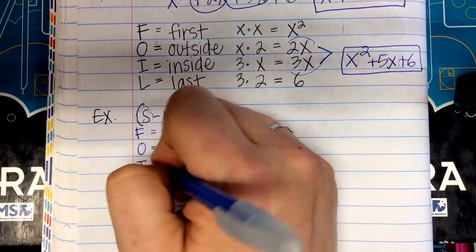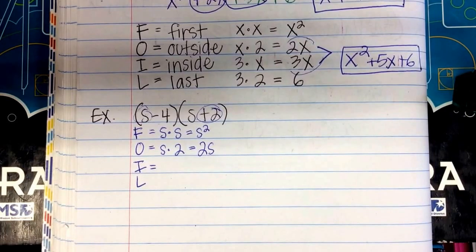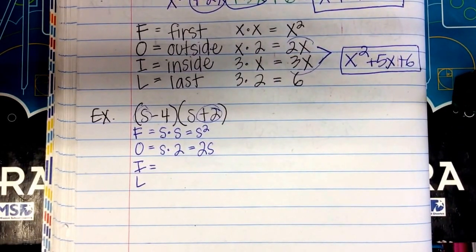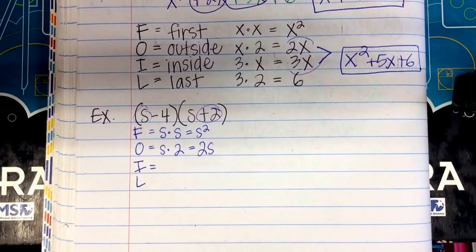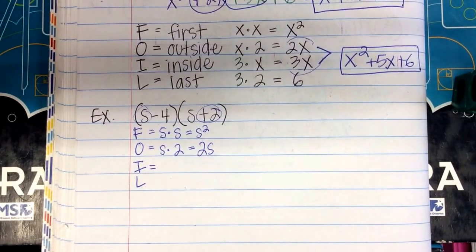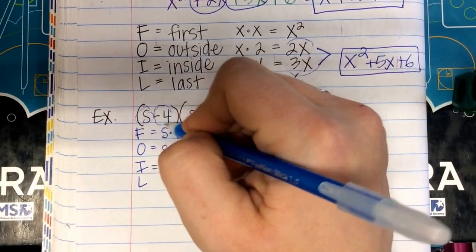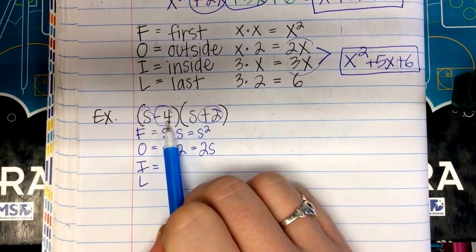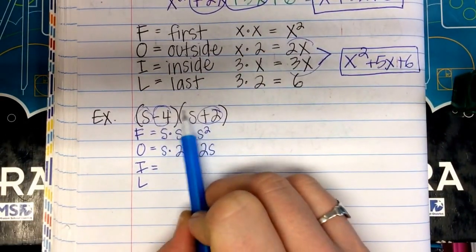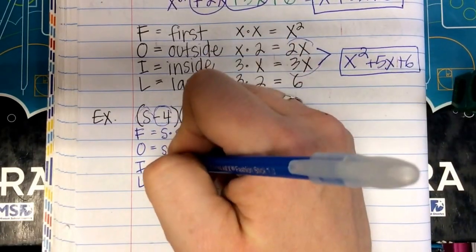Inside. Who can tell me inside? What are my two inside terms, Keegan? Negative 4 is on the inside. What else is on the inside of the problem? 1s.